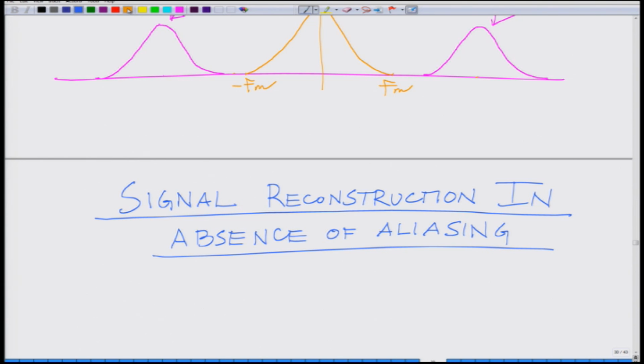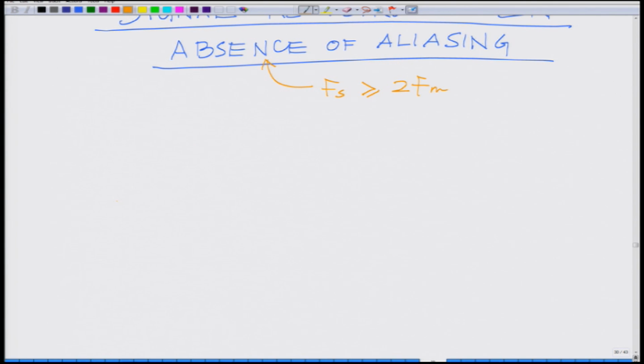Absence of aliasing naturally means that your Fs is greater than or equal to twice Fm. Now, in that scenario, first what we do is we low pass filter as usual with cutoff at Fs by 2.